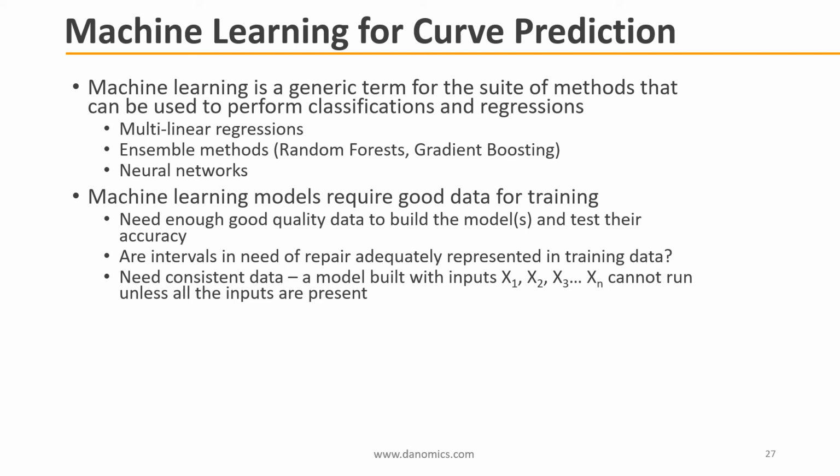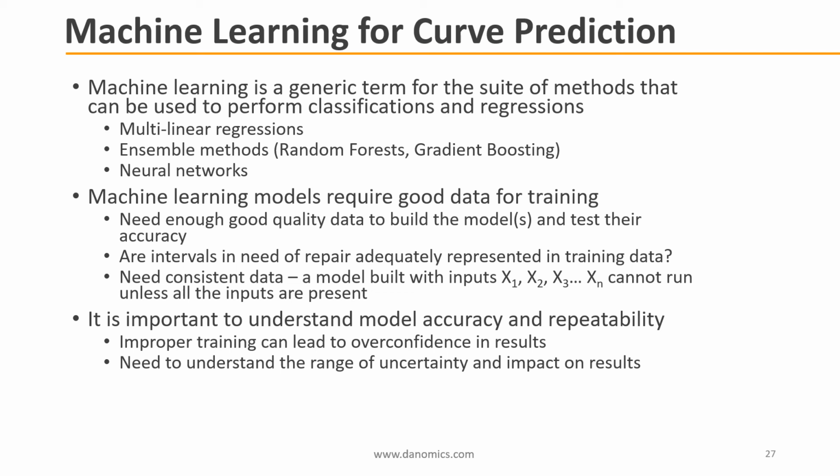And the data needs to be consistent. So if you build a model that requires inputs A, B, and C, the model can't run unless you have A, B, and C. So if you're missing one of those, you'll have to fall back to an alternative model. So that's important to consider.